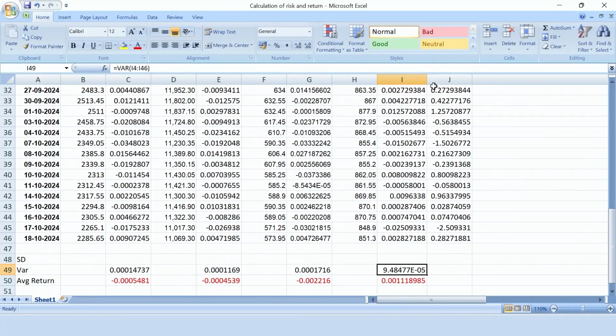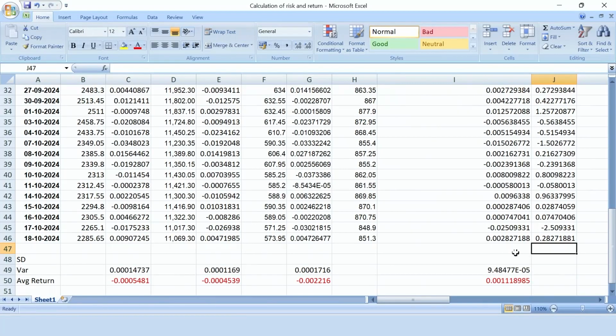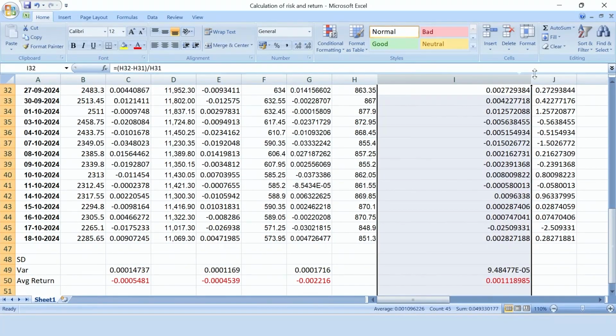Okay, so if you expand this particular column, then you are able to get the actual value, because this is the value which is calculated, and there are lots of decimal points. It is minus 0.0000, there are 5 zeros before that particular number.